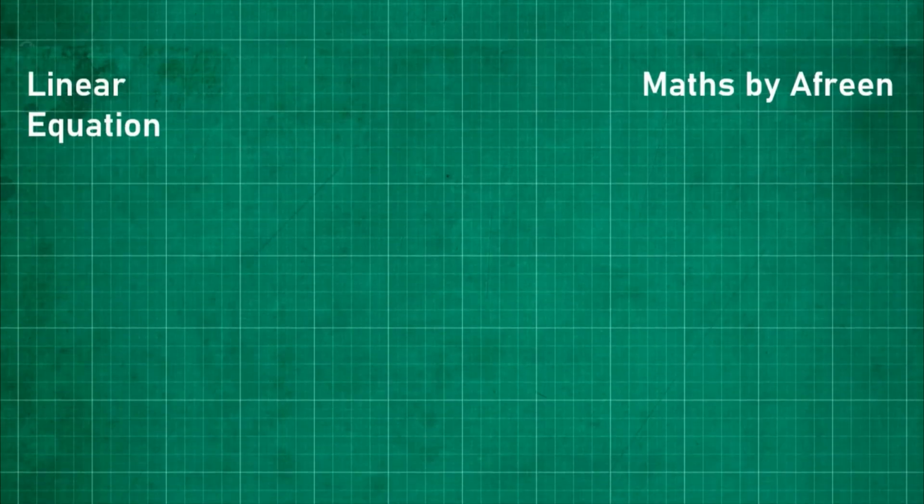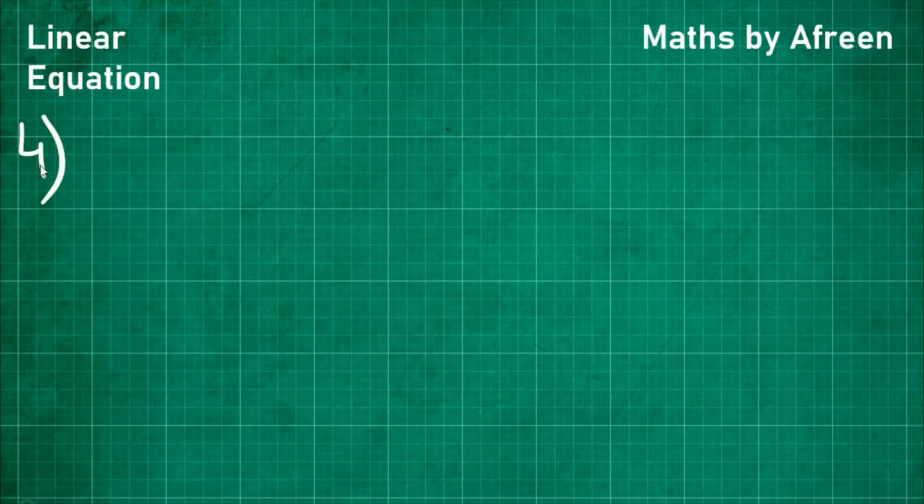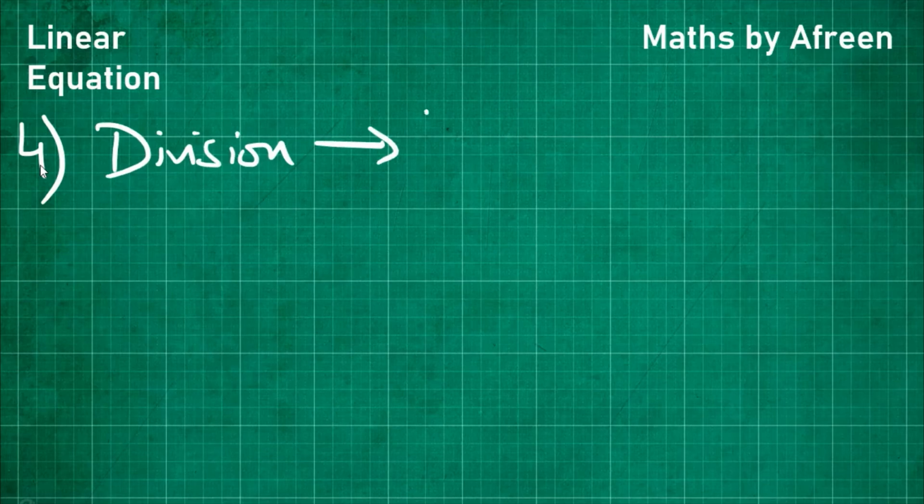Now let's talk about the fourth and last method of the transposition. Here what we will do, in an equation, a term in division will be transposed to the other side.